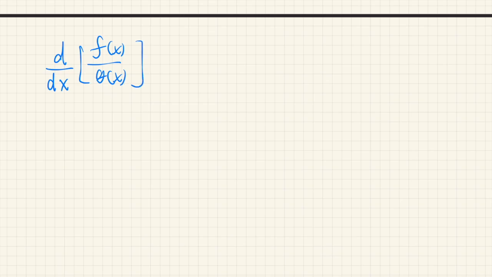The third property is called the quotient rule. It's about the ratio of functions. Don't make this mistake. This is not equal to f prime divided by g prime. This is wrong.